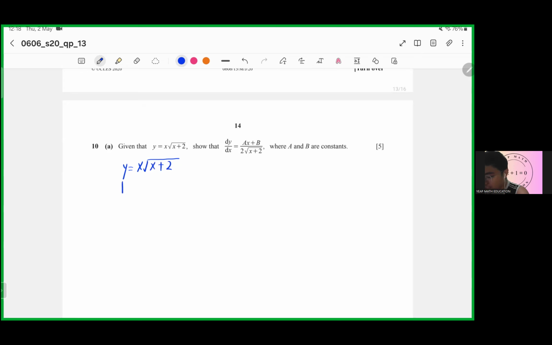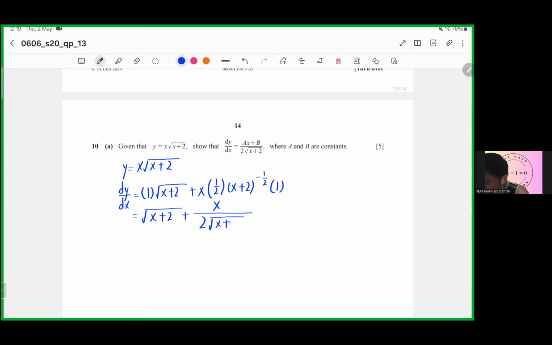the product rule. We get dy/dx equals 1 times this, I copy it back, plus x times, this is the difficult part, 1 over 2 (x plus 2) to the power of negative 1 over 2, and then here 1. Plus x over 2 square root of x plus 2.